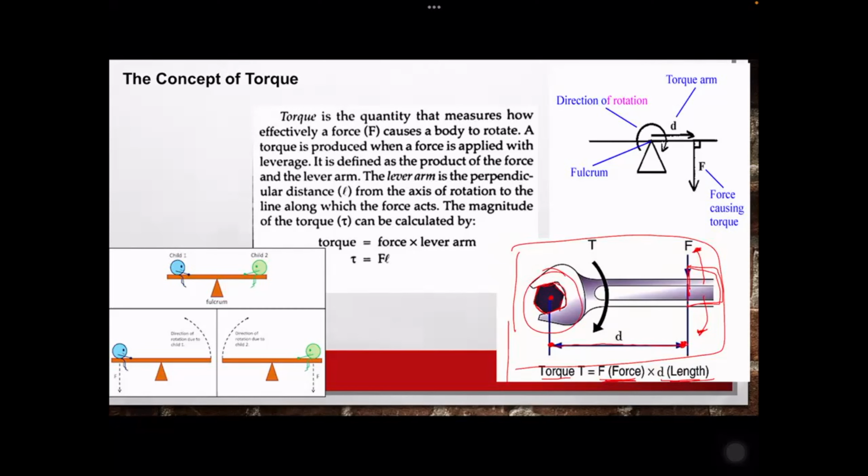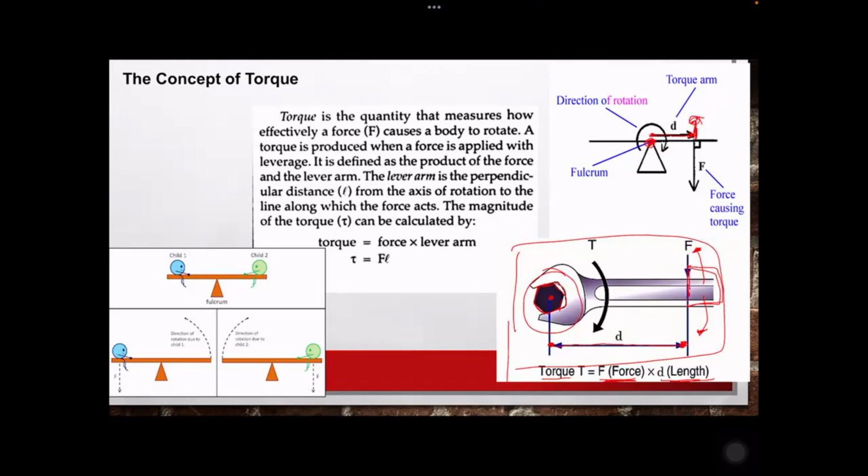Now, sa seesaw, meron din tayo niyan. So, ito yung axis of rotation. Tapos, ito yung torque arm, simula dito sa part na to hanggang dito sa part na to. Ito yung force. Sabihin natin may nakasakay ditong bata.